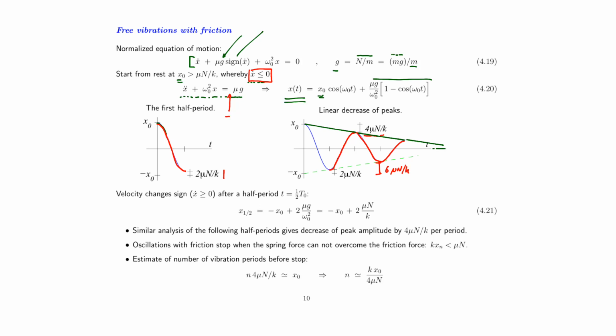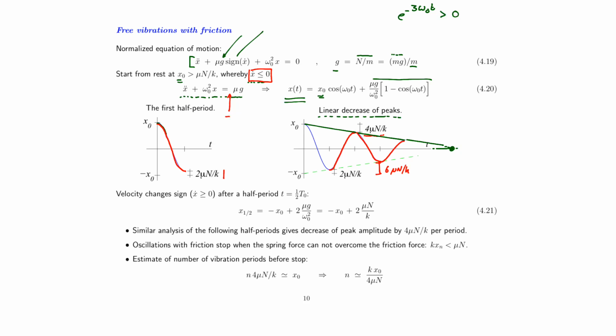And as you can see, at some point we will actually reach 0. This was a phenomenon that we were not able to describe with pure viscous damping, because for pure viscous damping the decay depends on an exponential function like this, which is always larger than 0, so it never becomes 0. But the linear decrease in the peaks for friction damping actually allows our model to reach 0.